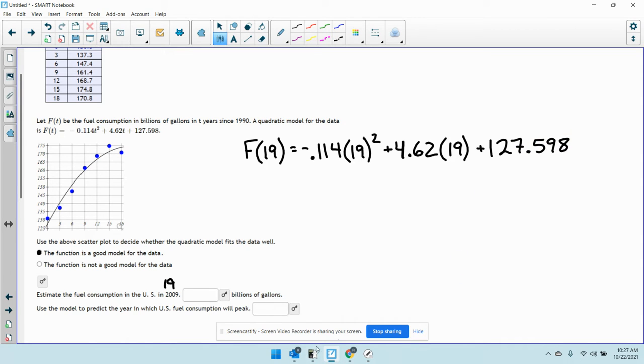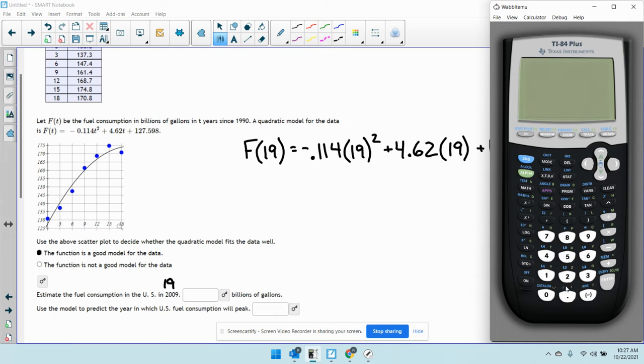So let's do that in the calculator. So I have negative 0.114 times 19 squared, okay, plus 4.62 times 19 plus 127.598.